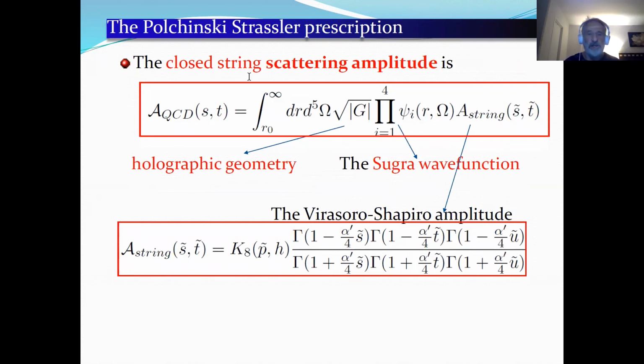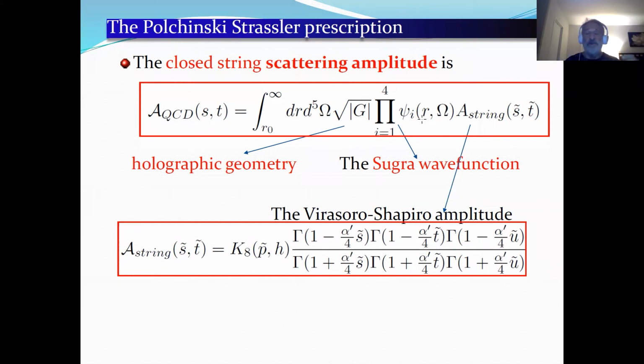So if you want to calculate the scattering amplitude, for instance for closed strings, we also did it for open strings, Polchinski and Strassler suggested the following prescription. Take the 10-dimensional stringy amplitude that corresponds to whatever you want to calculate, for closed strings this is Shapiro-Virasoro, and then dress it with weight functions, which are the wave functions of the supergravity modes that you are scattering.